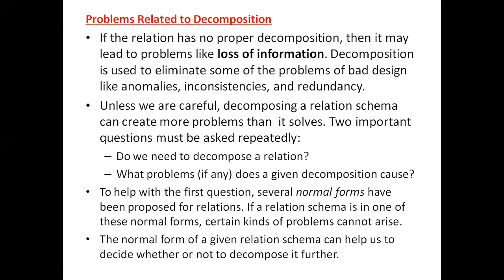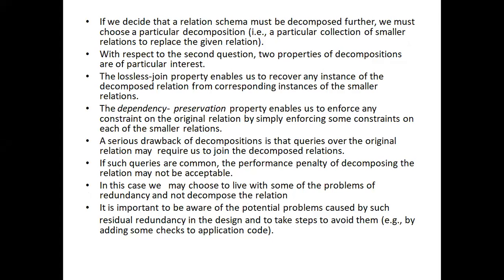So this problem has been taken care of there. The normal form of a given relation schema helps us to decide whether or not to decompose further. If it is in every normal form, we should not decompose it further. If we decide that it has to be decomposed, we must choose a particular decomposition, that is, lossless or lossy or dependency preserving. Either of these we need to choose.